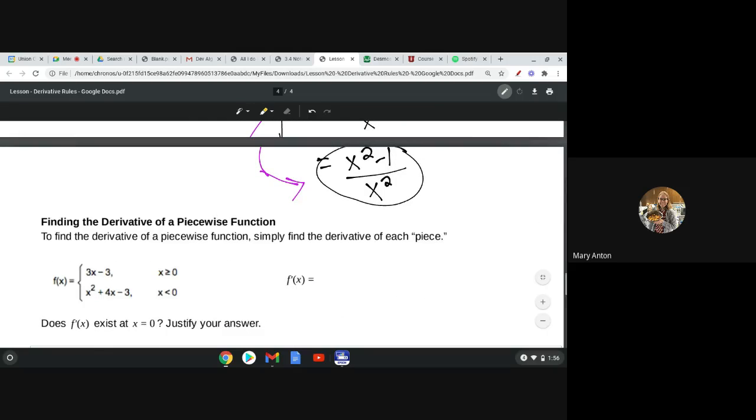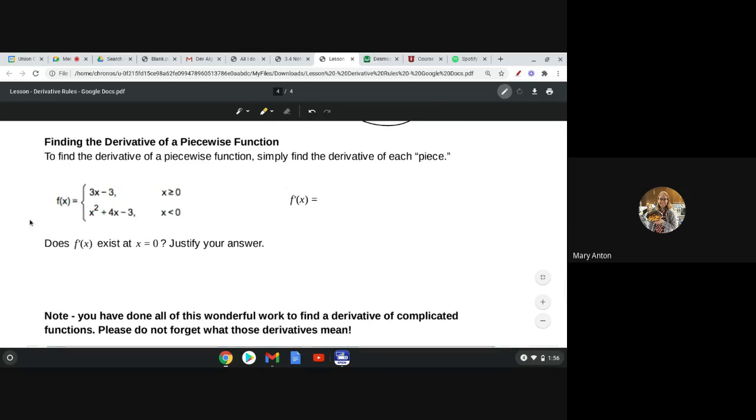Okay, cool. Ooh, the derivative of a piecewise function. To find the derivative of a piecewise function, just find the derivative of each piece. So if this is your function, our derivative function is just going to be the derivative of each piece. So what's the derivative of 3x minus 3?